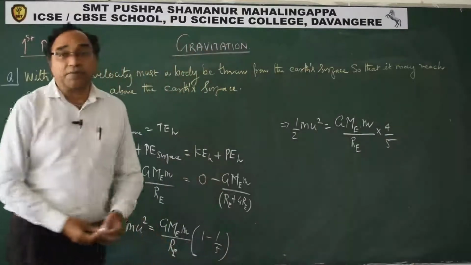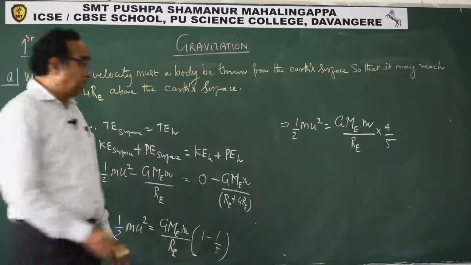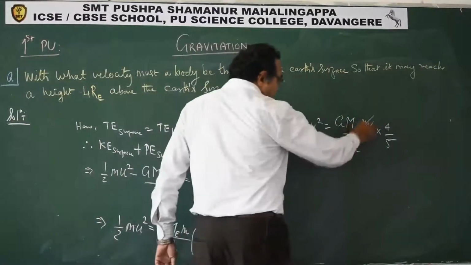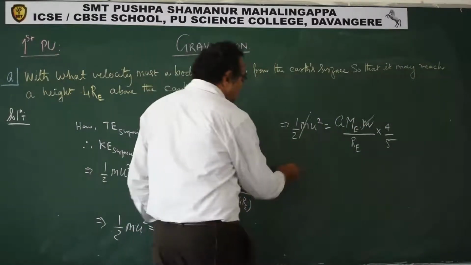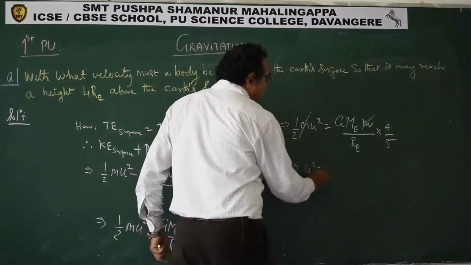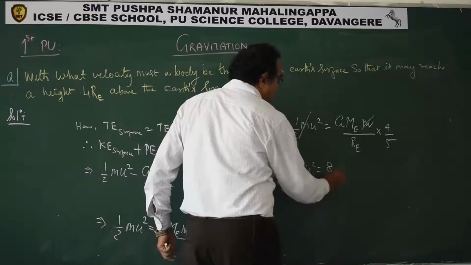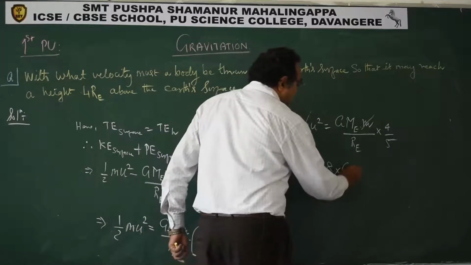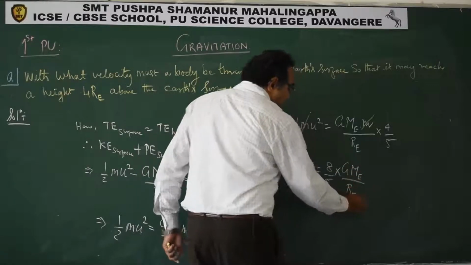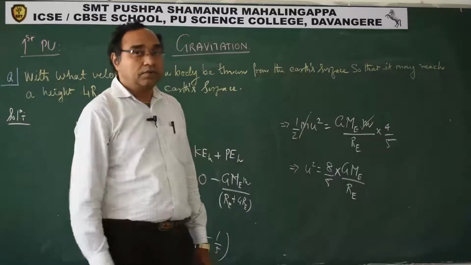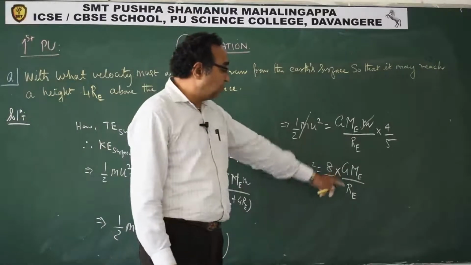There are many ways by which we can simplify this expression. Here the m and m cancel out. So what we get is u square is 8 by 5 into G Me by radius.